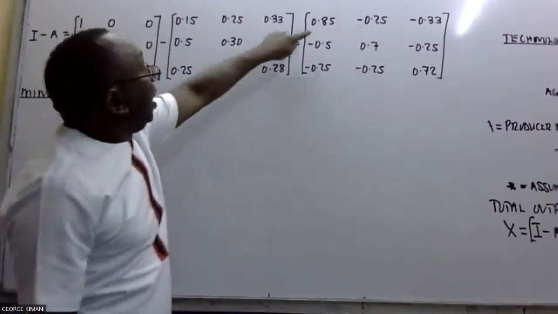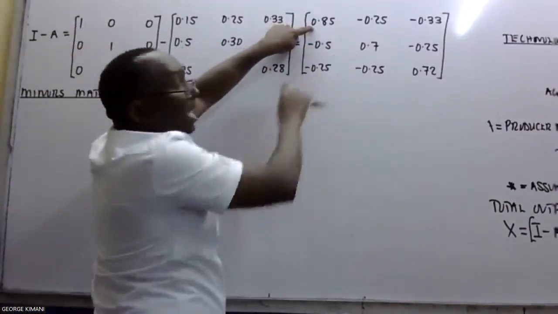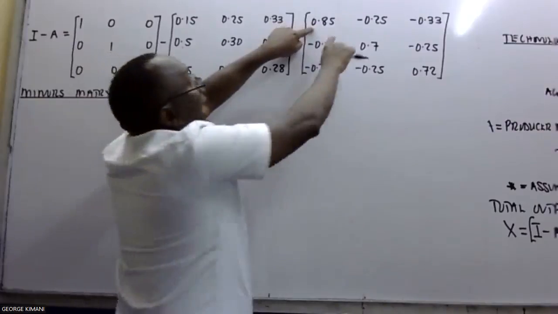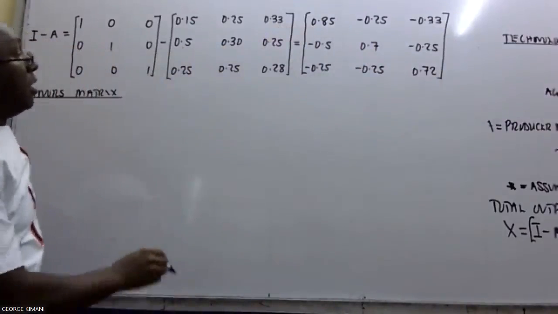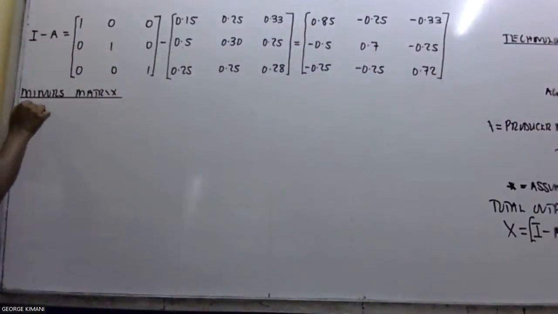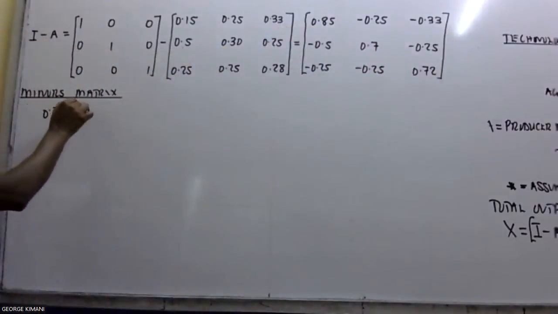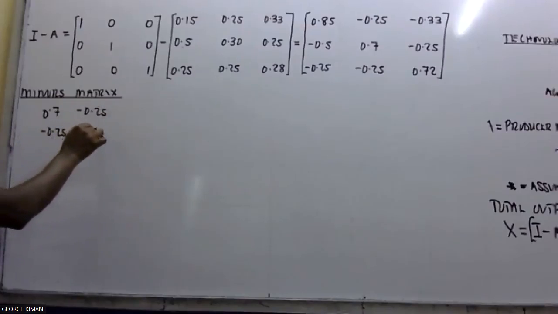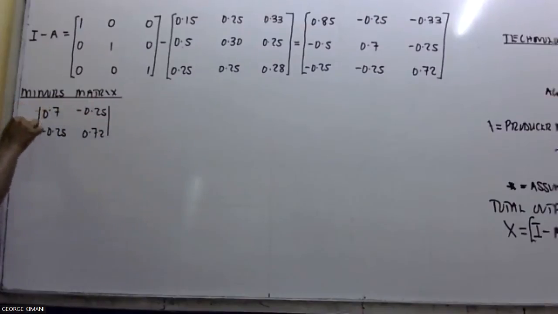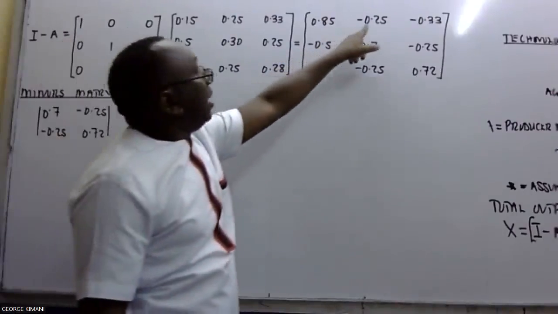Here, you block the elements in that column and the elements in that row. If you block that you are left with 0.7, minus 0.25, minus 0.25 and 0.72. Umeiona hivyo? Yeah, nimeiona.